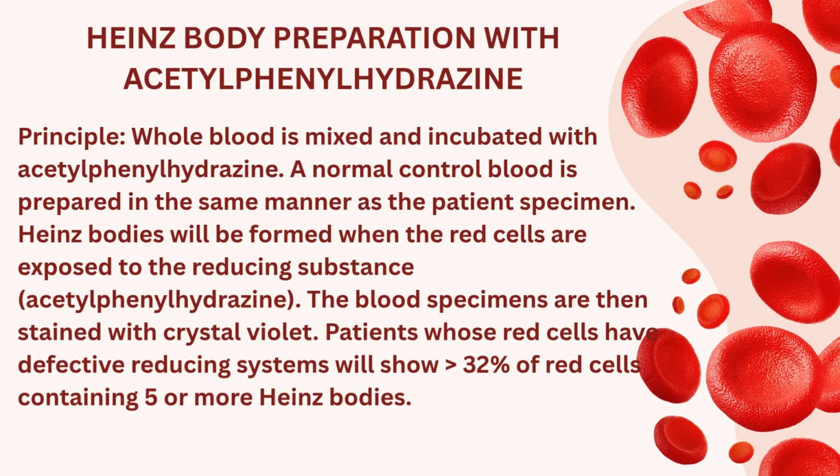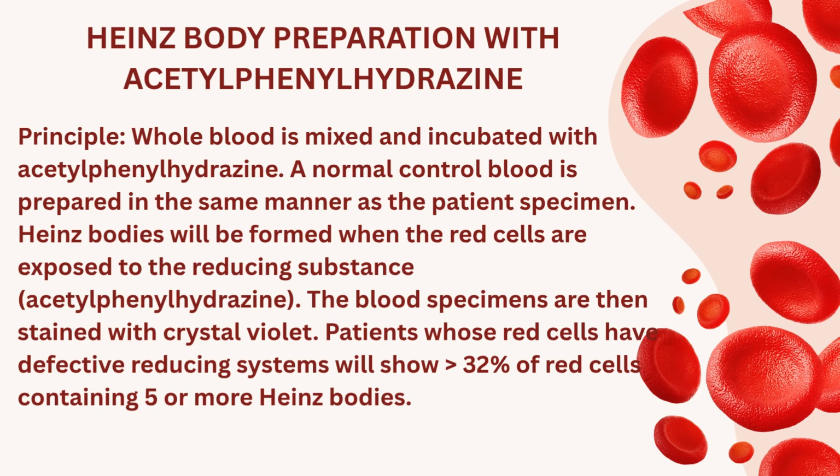Now, another procedure is preparation with acetylphenylhydrazine. So, the principle here: whole blood is mixed and incubated with acetylphenylhydrazine. A normal control blood is prepared in the same manner as the patient's specimen. Heinz bodies will be formed when the red cells are exposed to the reducing substance, which is acetylphenylhydrazine.